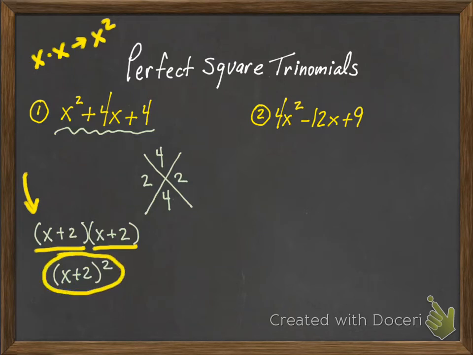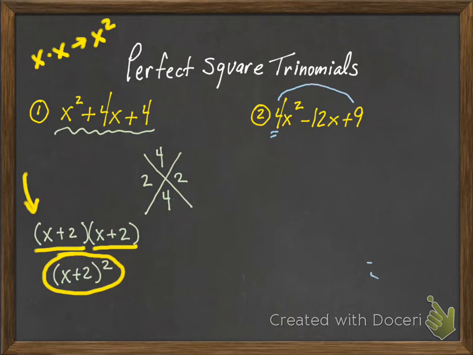Now, perfect square trinomials also might require some heavy lifting factoring, because in this case we can't pull anything out since there's nothing in common with a 4, a 12, and a 9. We do have a leading coefficient of 4, so we need to rewrite this so we can factor it more easily.